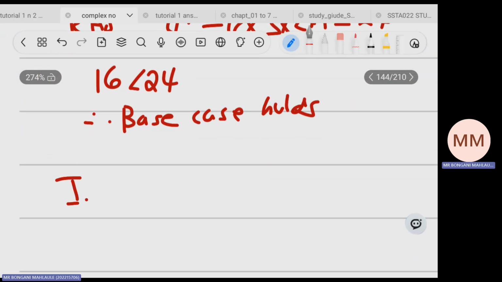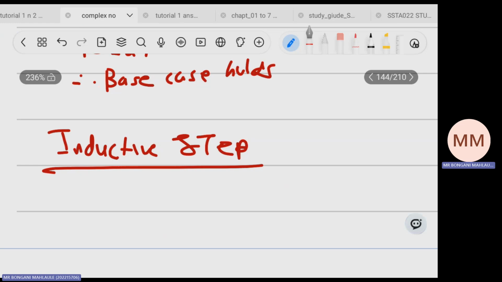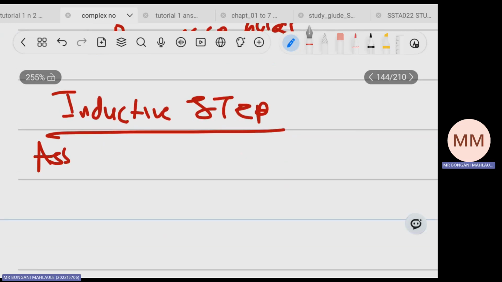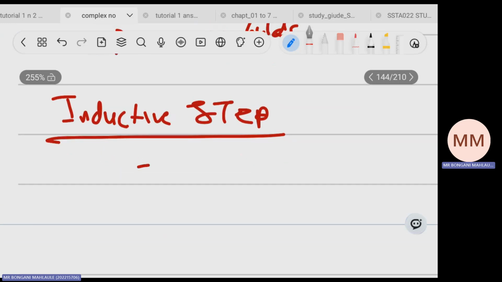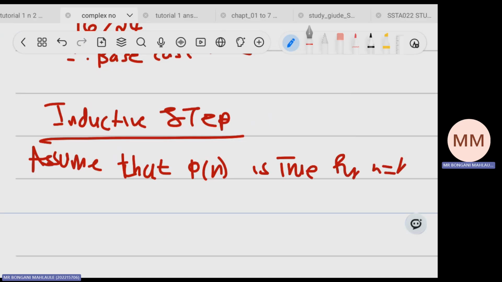Then we'll come to the inductive step. So we'll say assume that P of n is true for n equal to k, where k is greater or equal to 4.